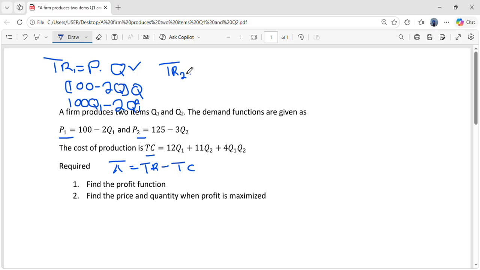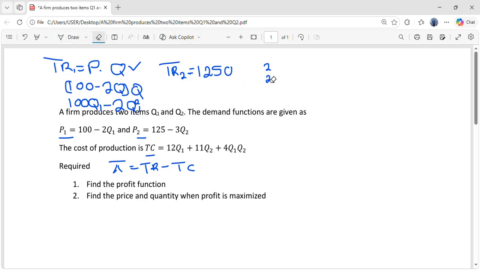Then we go to total revenue number 2, where we multiply 125 by Q2 as well. It will give us 125Q2 minus 3Q2 squared, like this. So this is the function that we have.